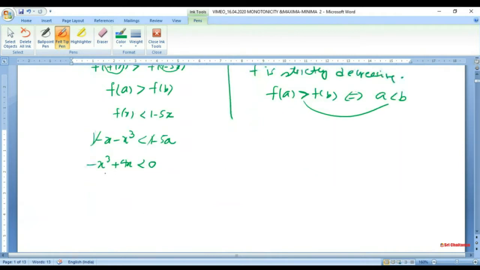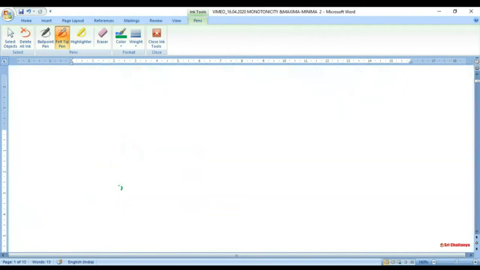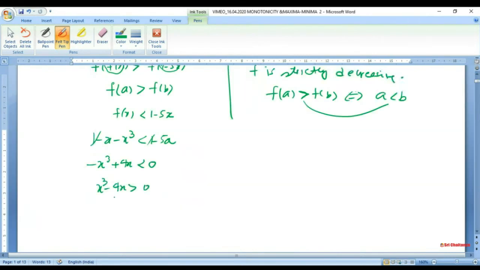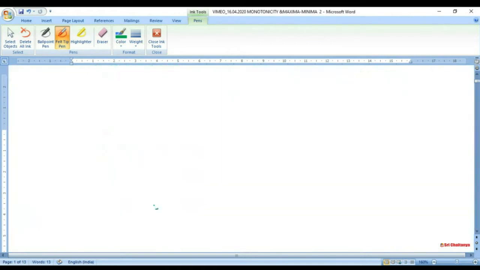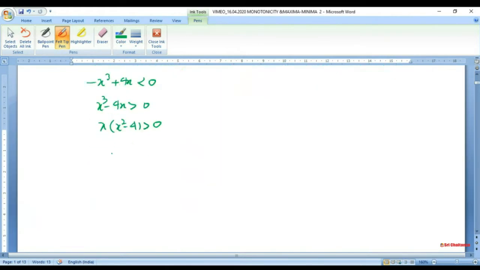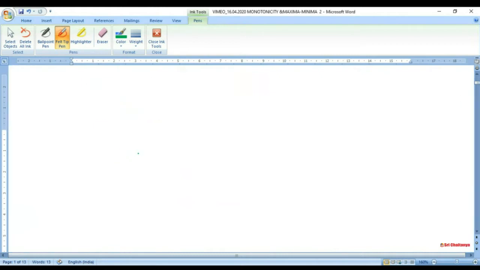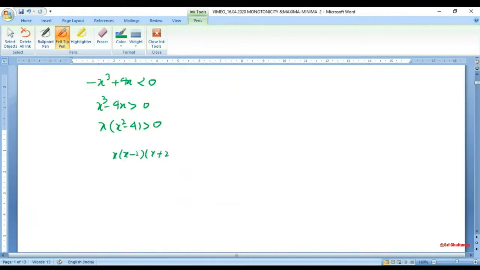And I can just multiply by negative 1 on both sides. So x cube minus 4x is positive. I can take x common: x times x squared minus 4 positive. And I will get x times x minus 2 times x plus 2 greater than 0. We can draw the number line. So we have got negative 2, 0, and 2.